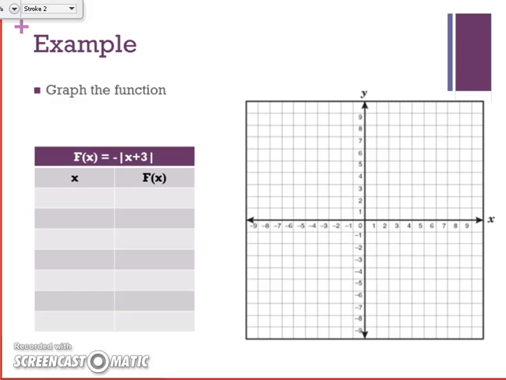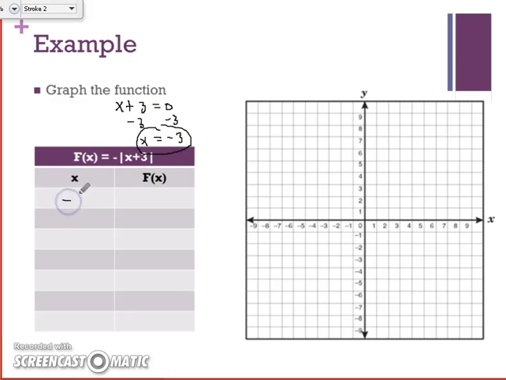So I'll show you one more example with a function to graph the points and finding the vertex. And again, I recommend finding that vertex first. So in this one, x plus 3, I want that to equal 0. So x plus 3 equals 0. If I subtract 3, then my x value for my vertex is at negative 3.